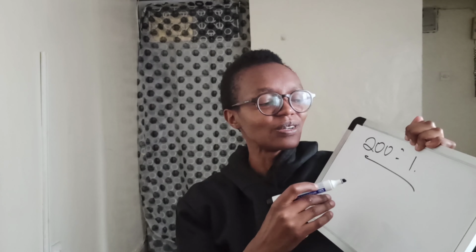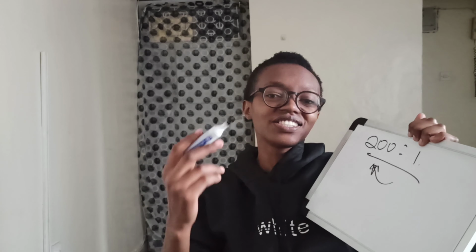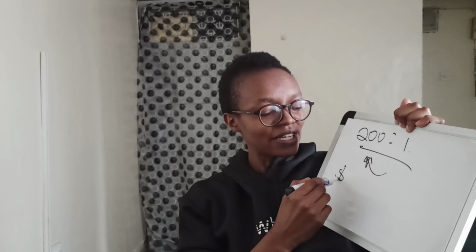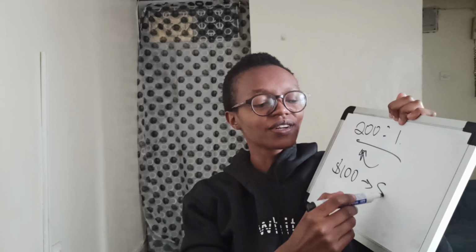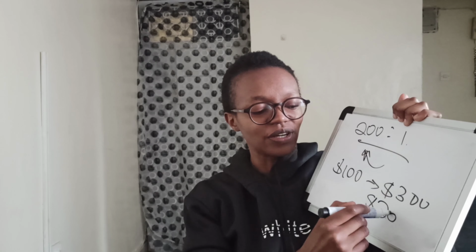So let's take another example. If you had used 200 to 1 leverage, then the $1 that you have gained in your account would now actually be worth $200. So the account is going to go from $100 to now $300, meaning that's a $200 gain.